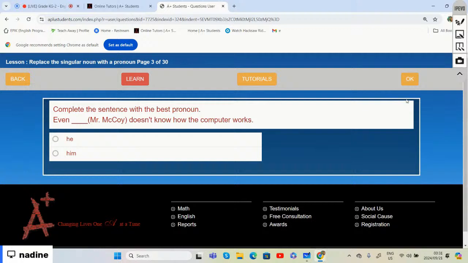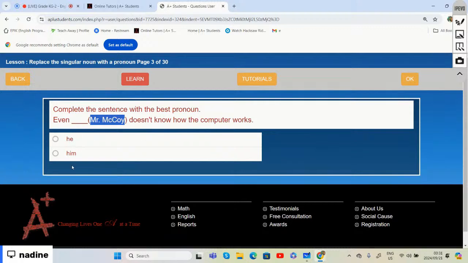Option one is correct. The next one says, even Mr. McCoy doesn't know how the computer works. We need to replace Mr. McCoy with the correct pronoun. So if we replace the noun Mr. McCoy, do we say, even he doesn't know how the computer works?